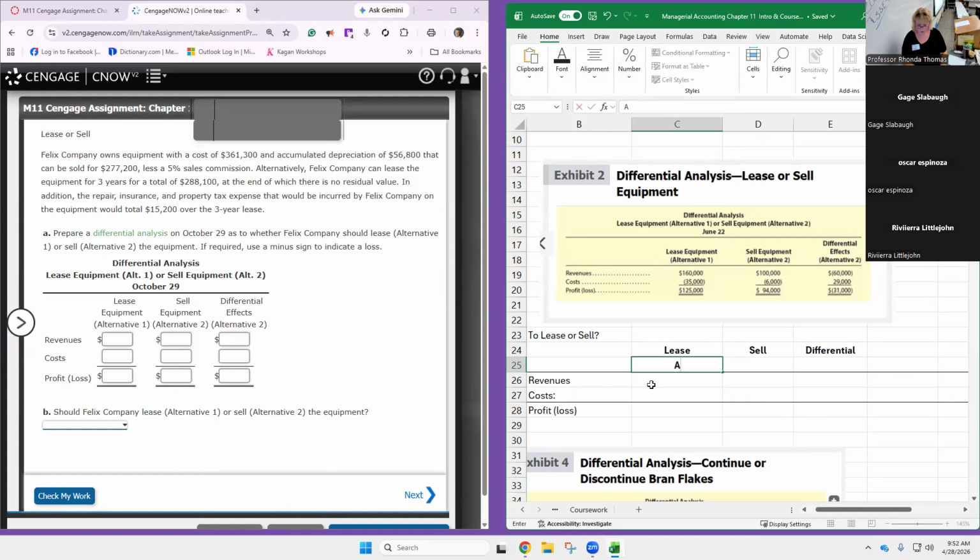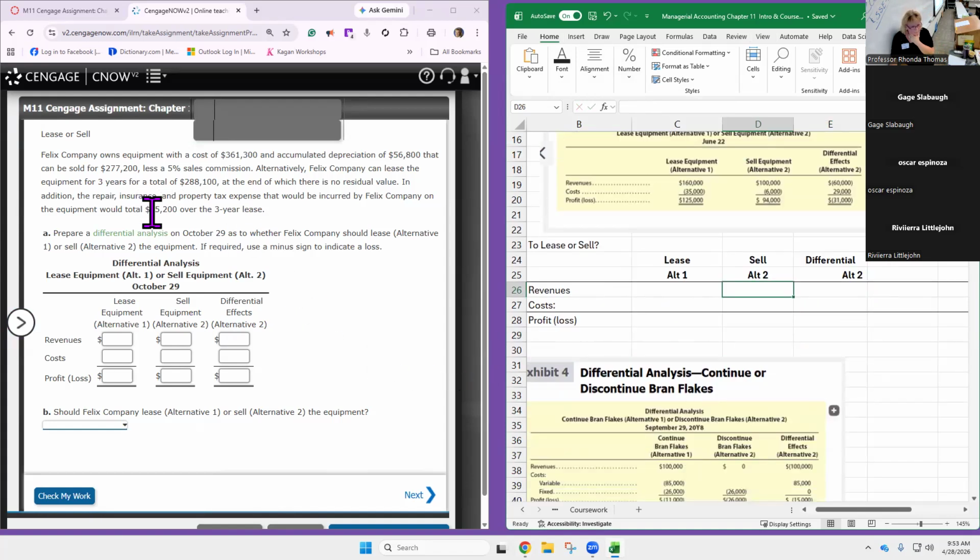So once again, this is alternate 1, alternate 2, and this differential is looked at on the side of the seller. Okay, decide to lease or to sell equipment.